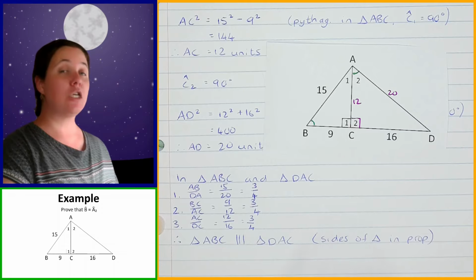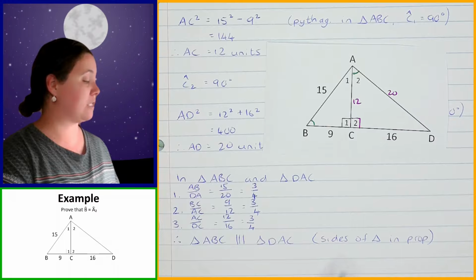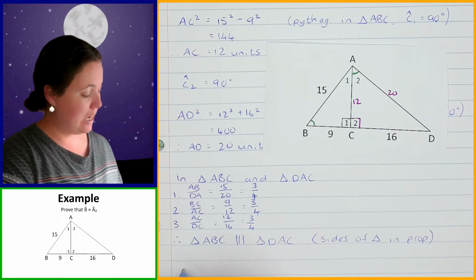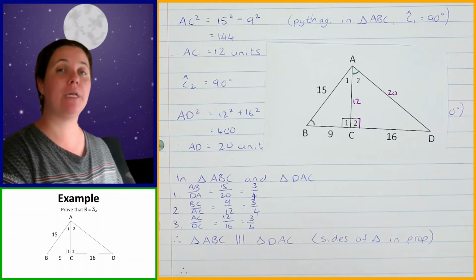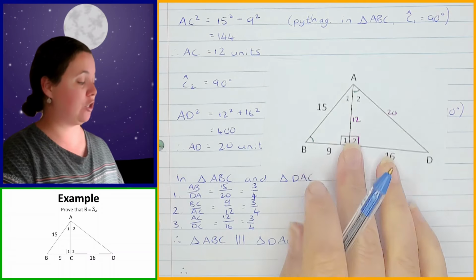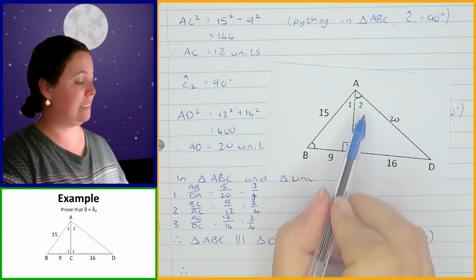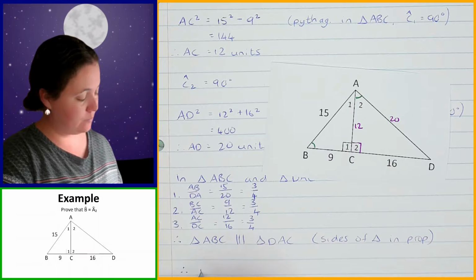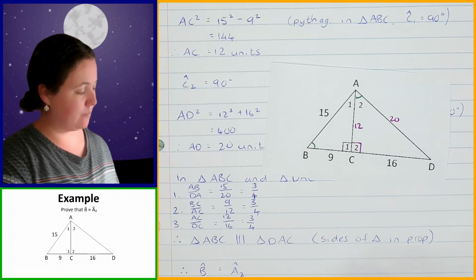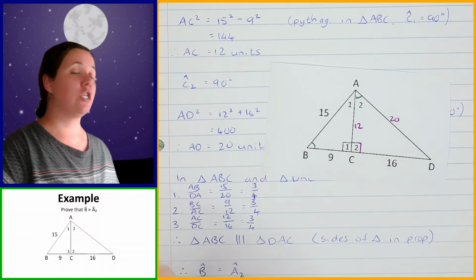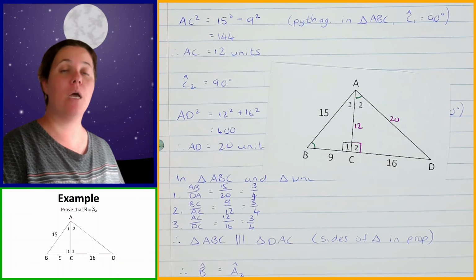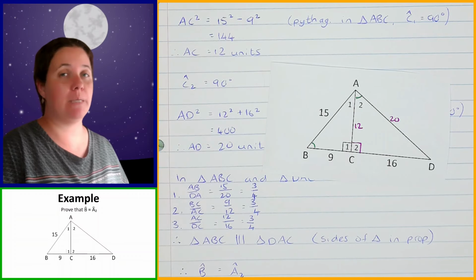Okay, now because those two triangles are similar, I can then say that therefore their corresponding angles must be equal to each other. So angle B is equal to angle A2. And that's how you would do that question. So now we're using the Pythagorean theorem along with all of the other geometry concepts that we've learned.